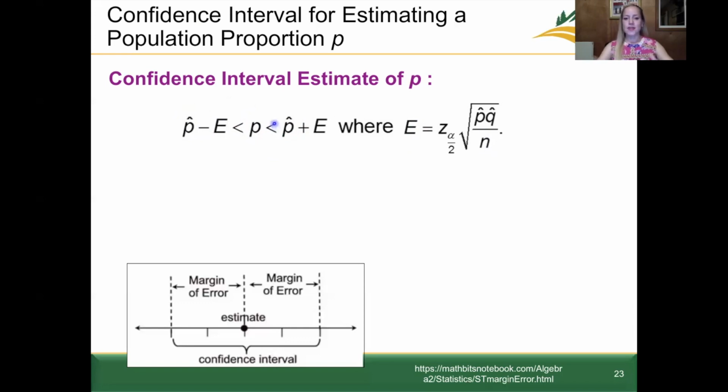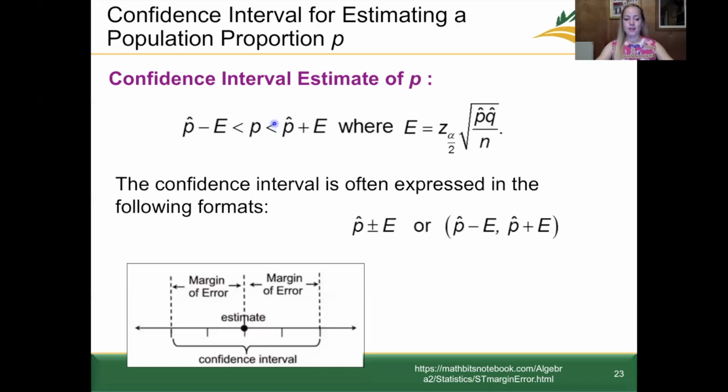Again, we want to think along the lines of an interval. What we're doing to find this confidence interval is often also expressed in this way: our p hat, the sample proportion value, plus or minus our margin of error, E. You can also think of it like this: our sample proportion p hat minus E on one side of the point estimate, to the other side, p hat plus the margin of error.